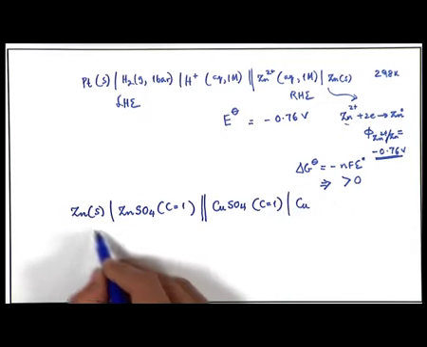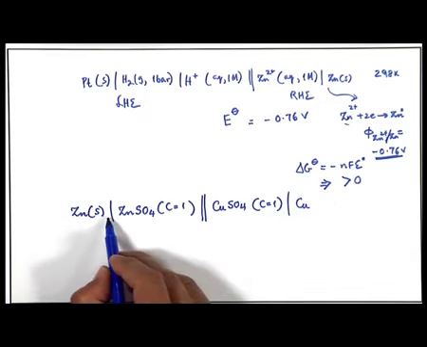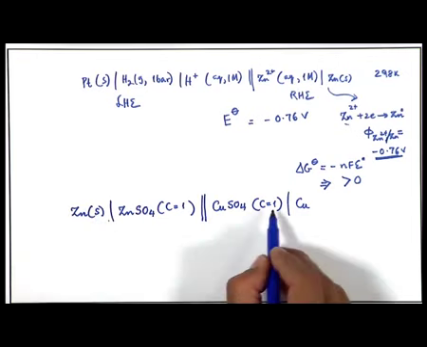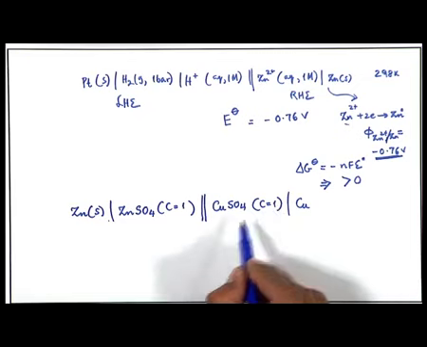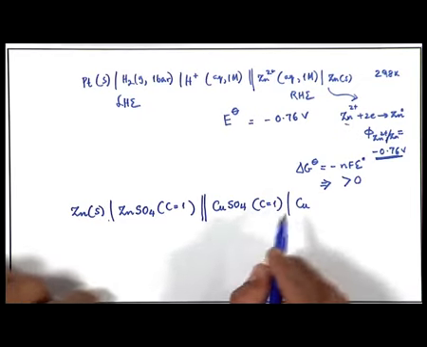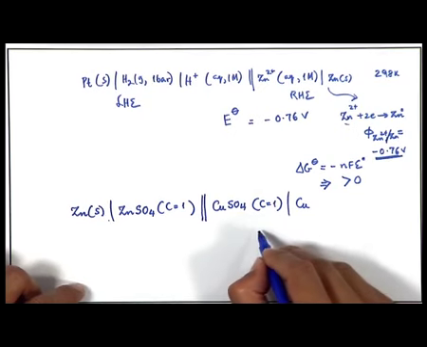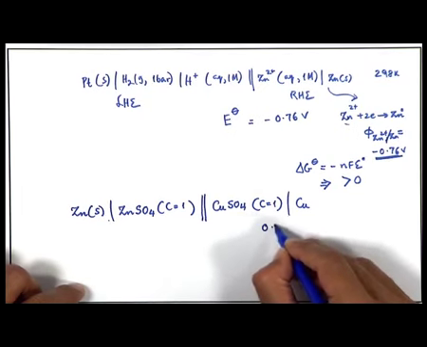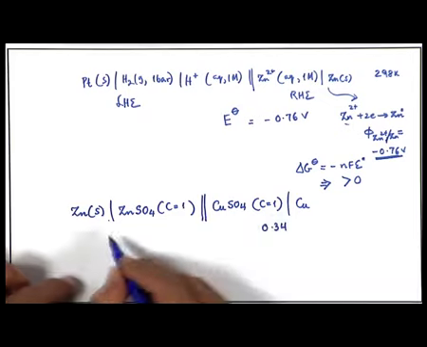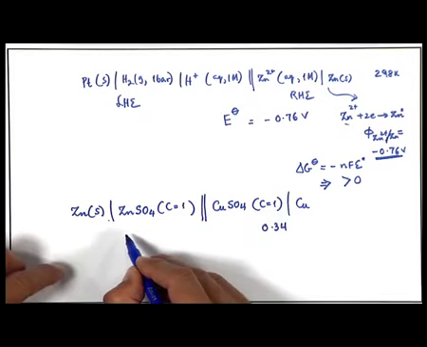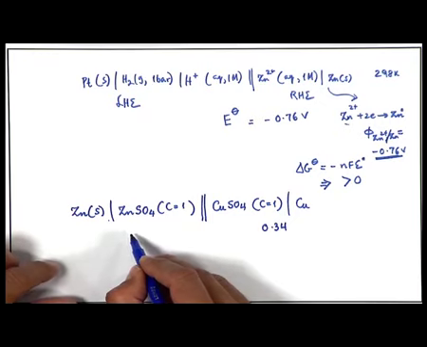So you are putting this in the left hand electrode and this in the right hand electrode. What is going to happen? The reduction potential for this is 0.34 volt, and this one is minus 0.76.